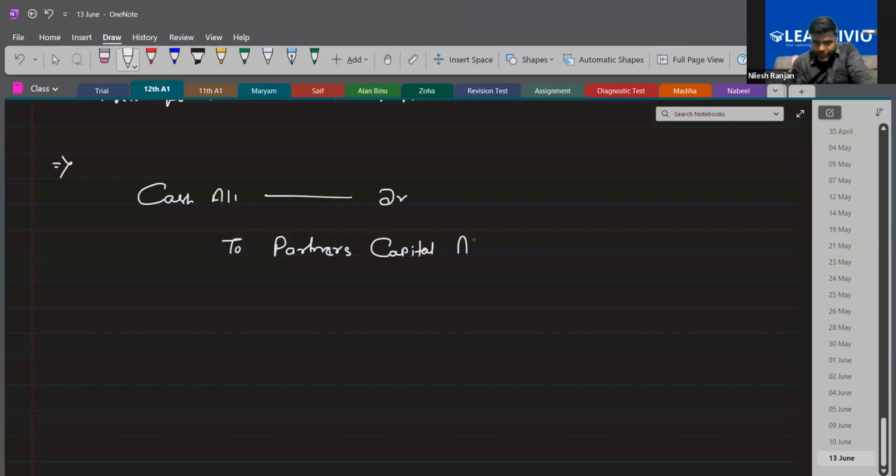So the entry should be cash account debit to partner's capital, but he's also bringing goodwill, not only capital. So that's why we also credit premium for goodwill.